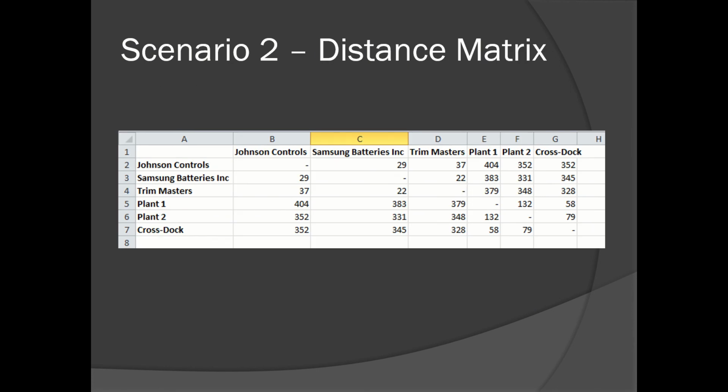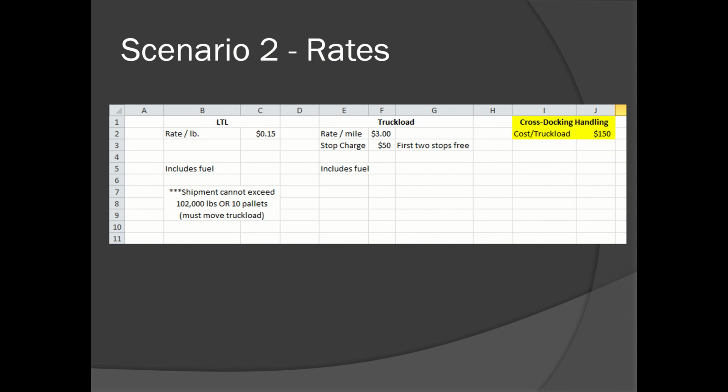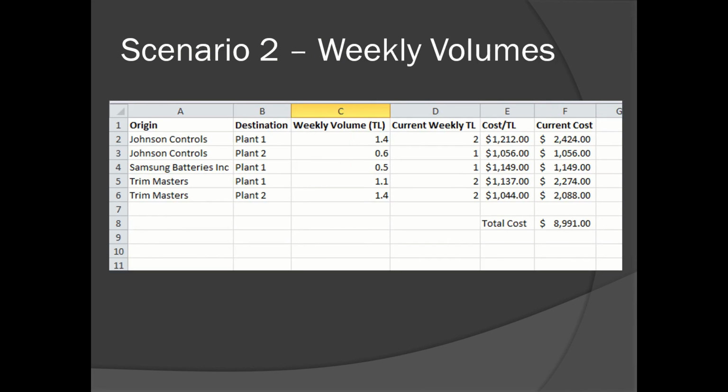There's a cross dock on that last line. Also on the rates side, every time a truck comes into the cross dock, you're going to pay $150 for handling. That's just the cost of moving pallets around, right?